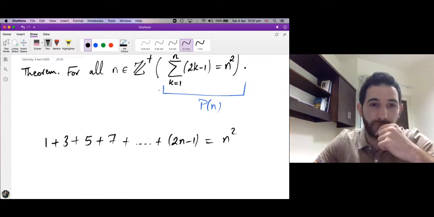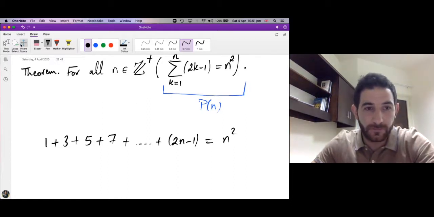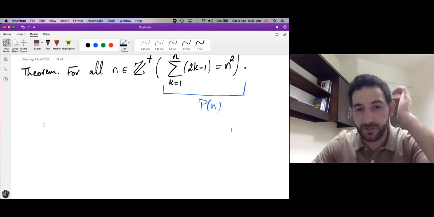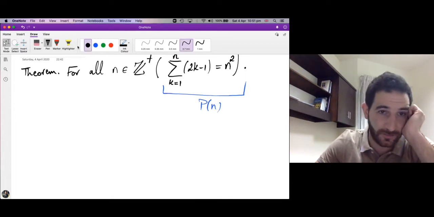So this is what we want to show. We will show this by mathematical induction, and let's start proving this.